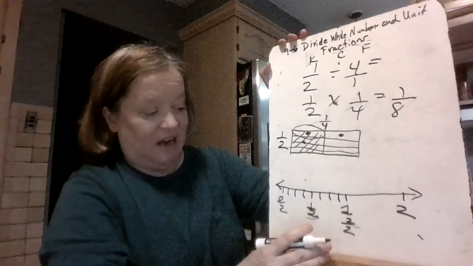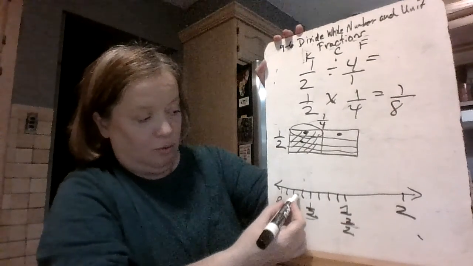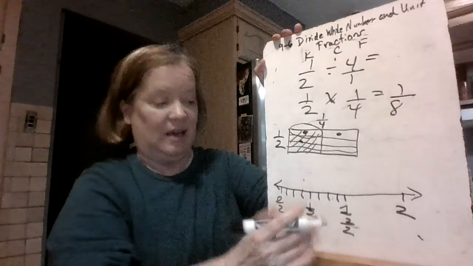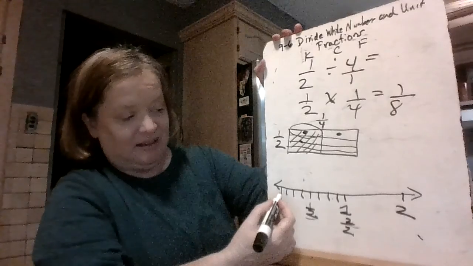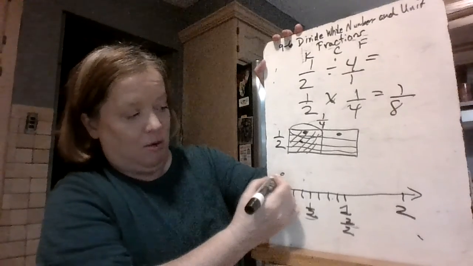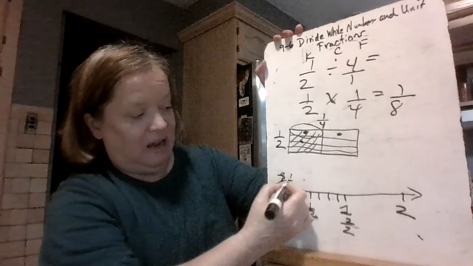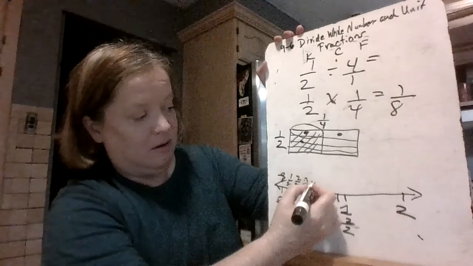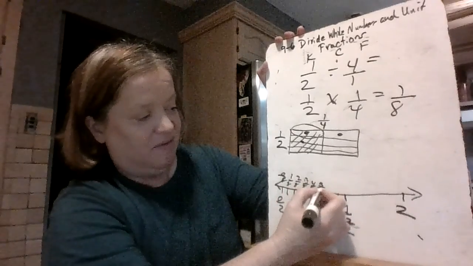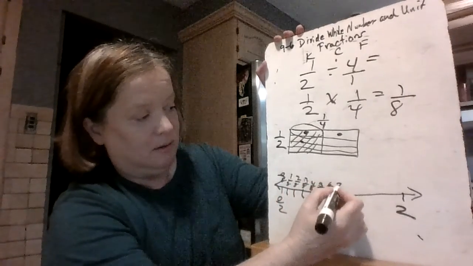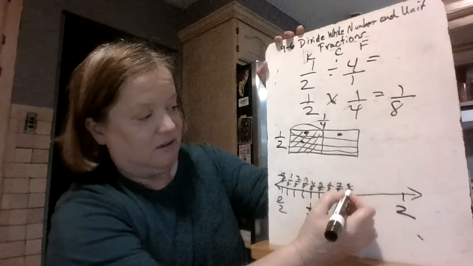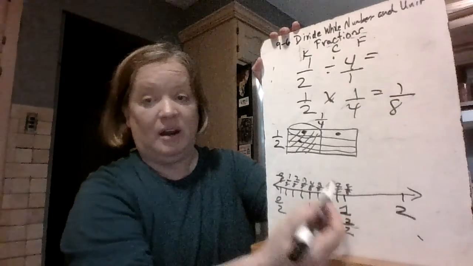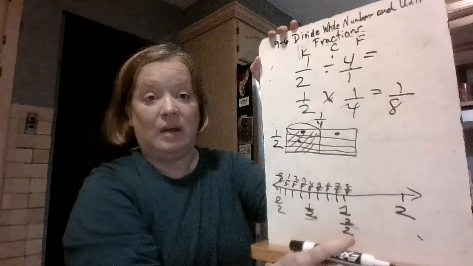If I look all together, I have 1, 2, 3, 4, 5, 6, 7, 8 pieces. So again, I've made eighths. This would be 0/8, 1/8, 2/8, 3/8, 4/8, 5/8, 6/8, 7/8, and 8/8, or 1 whole. So basically, my number line matches my answer to my algorithm.